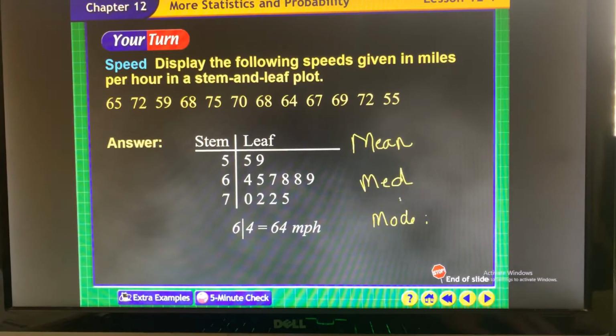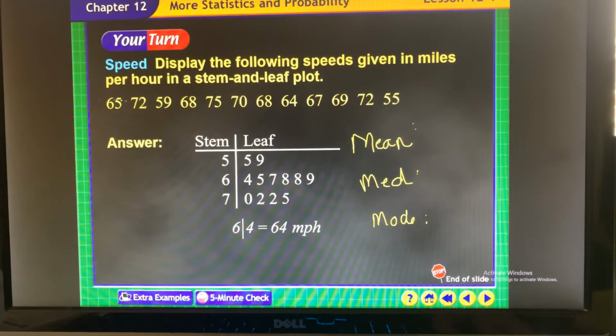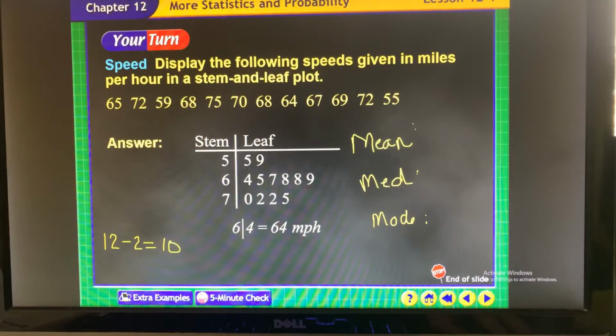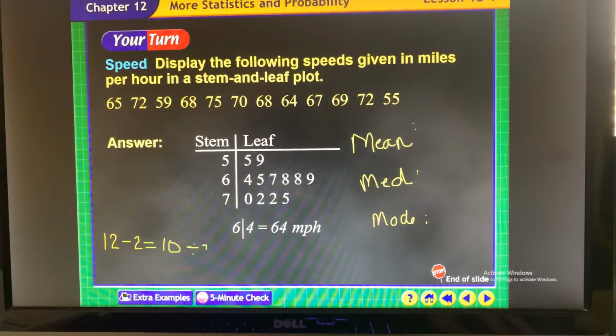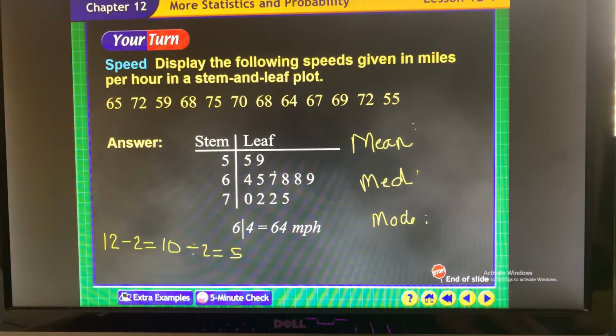In this case, the mean, you're going to add all of these together and divide by the number of numbers. Let's see, we have 3, 6, we have 12 numbers. 12 numbers means there's 2 in the middle. Take that, divide it in half, and you can know how many numbers you count. 1, 2, 3, 4, 5. So this one, 1, 2, 3, 4, 5, and this one.